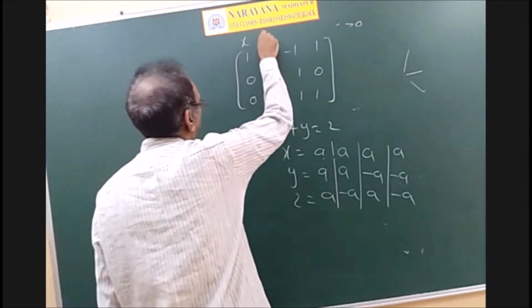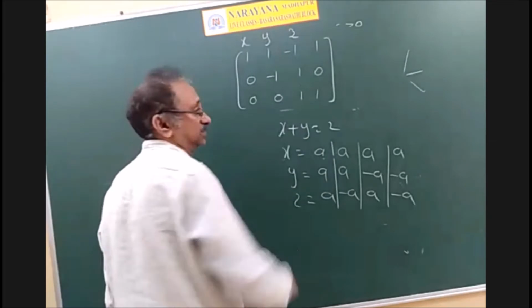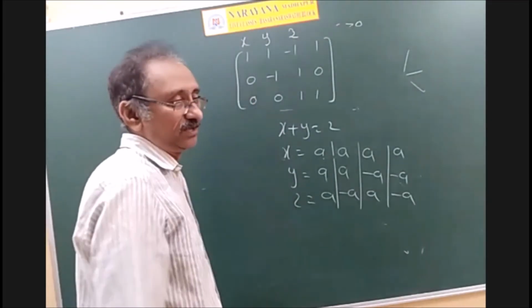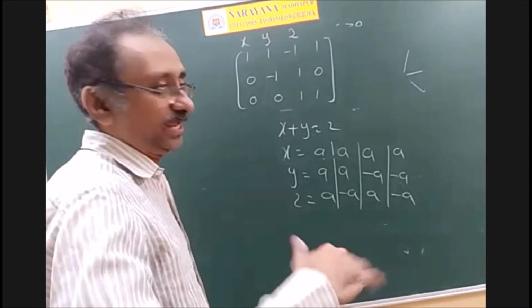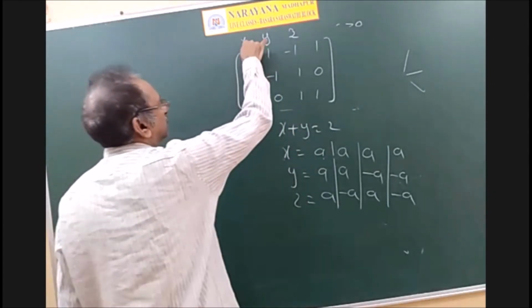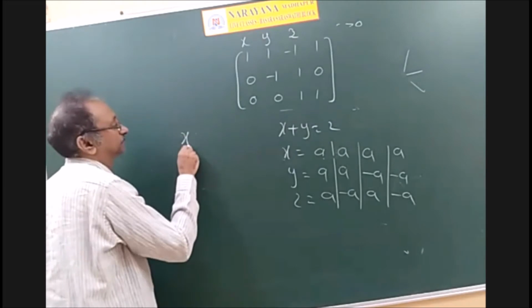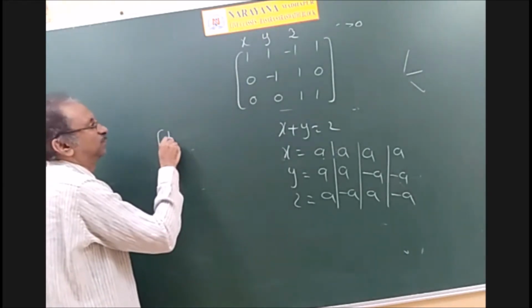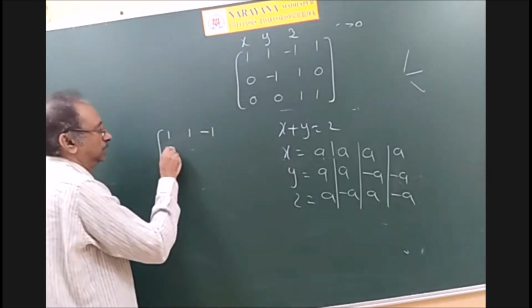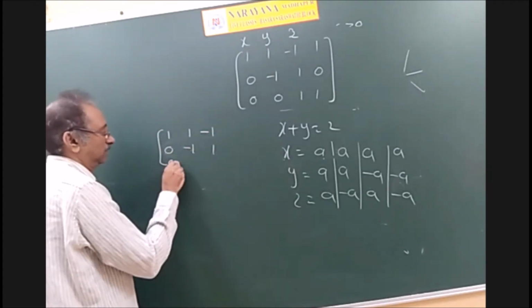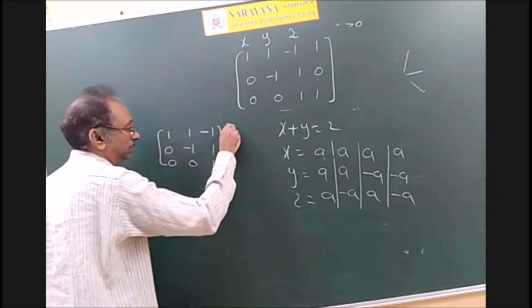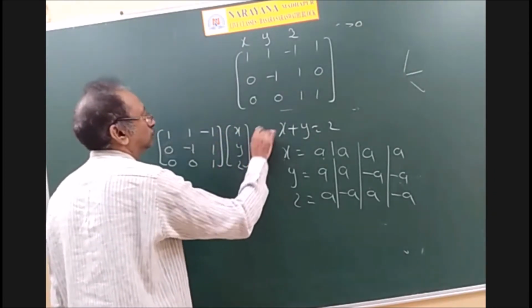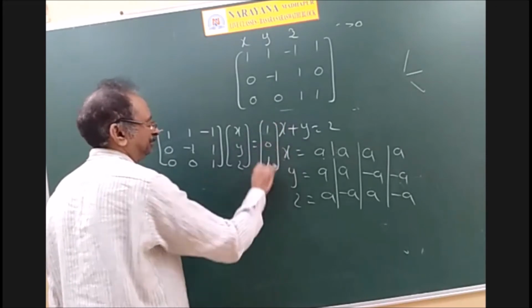So this is for X, this is for Y, this is for Z. Actually, we wrote in the starting the augmented matrix using those equations only. And again, we write the equations. The matrix 1, 1, minus 1; 0, minus 1, 1; 0, 0, 1 into X, Y, Z is equal to 1, 0, 1.